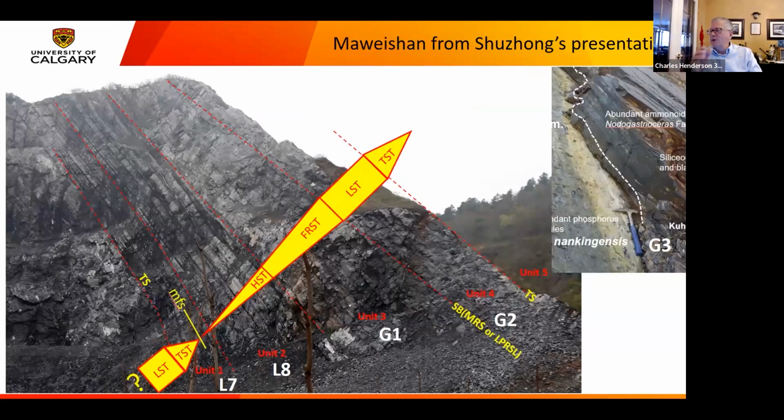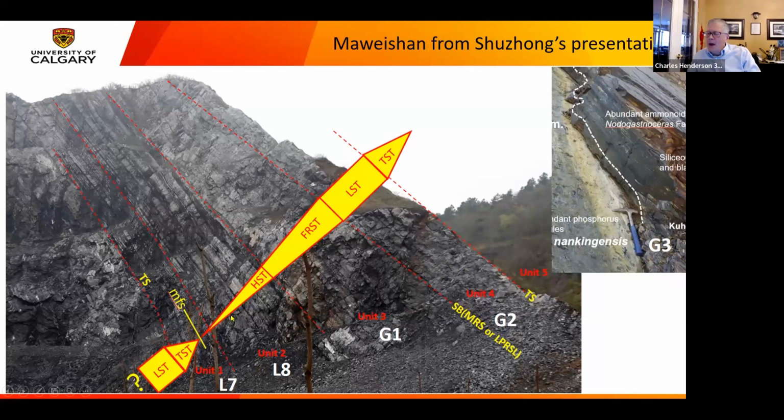Shuzhong was good enough to share his presentation with me on the weekend, and this is the only figure that I grabbed from his talk, but I've slightly modified it. And there's a lot of Ginnagonduella nankingensis in Unit 4. It's all within 2.5 meters, as I understand, are the most abundant samples from this flooding surface. This is the big flooding surface, a slightly younger one in here.